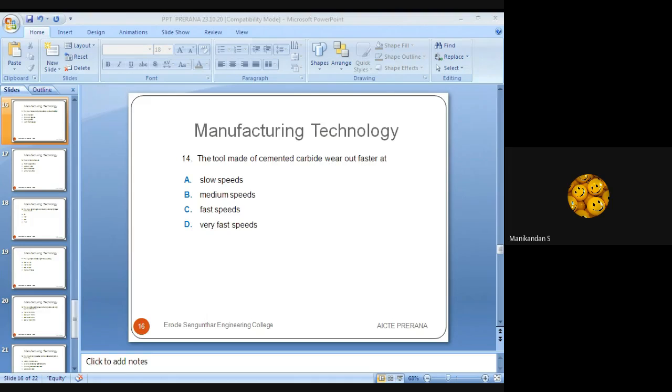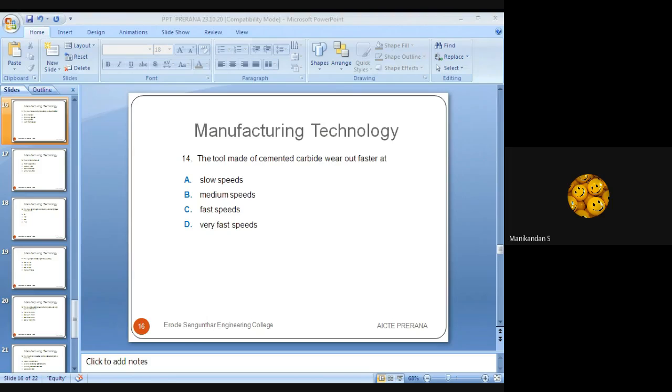Cemented carbide tools are used for machining stainless steels and carbon steels, which are very hard. At slow speed, the contact between the surfaces is more, so it is obvious that at low speed it will wear more.